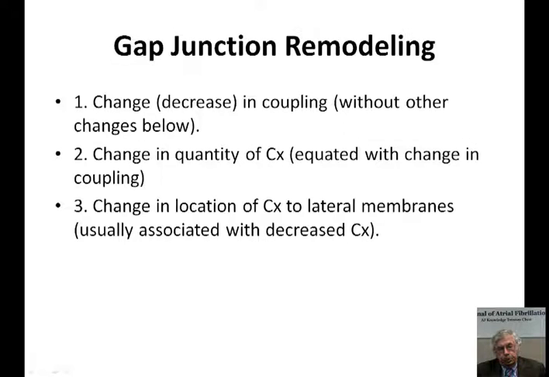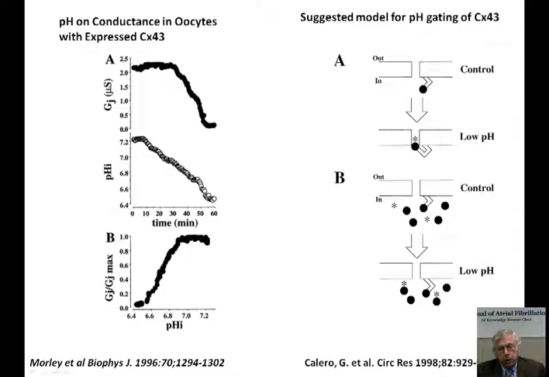And this example is shown here in oocytes with expressed connexin 43, not one of the primary connexins of the atria, but still important for the atria. These oocytes were exposed to a low pH, as shown here, and as a result, the conductance, or the ability of the gap junction channel to pass current, decreases quite quickly.